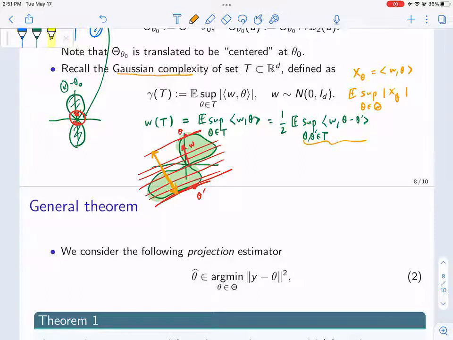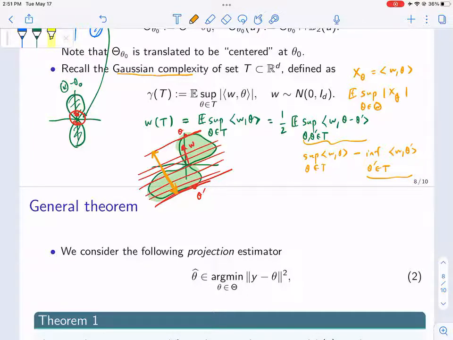If I move it here, there's no theta here, so this is the smallest that this can get. It's the supremum over W theta in T minus the infimum over W theta prime in T. The level sets are indexed by the value of the function.